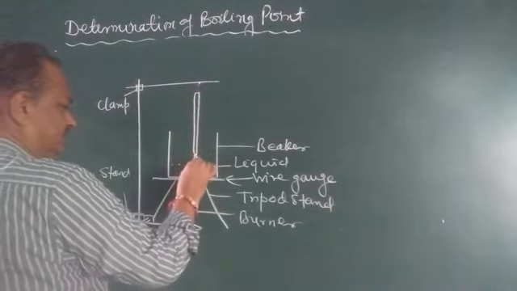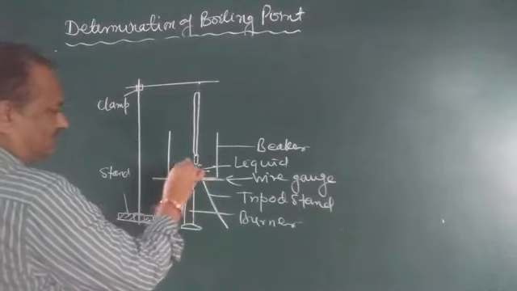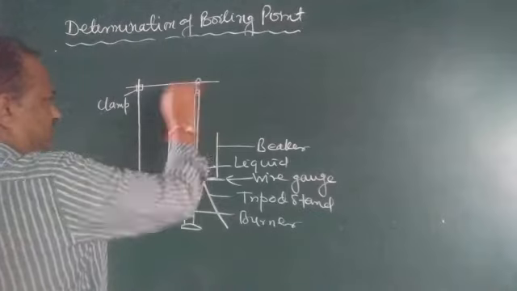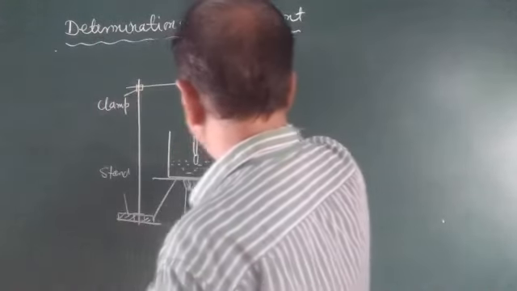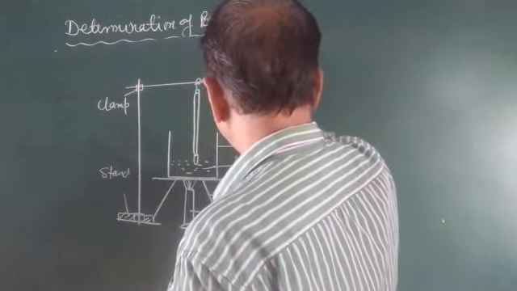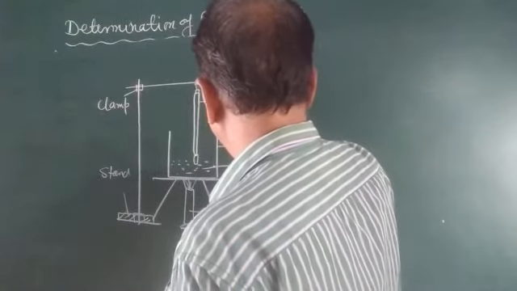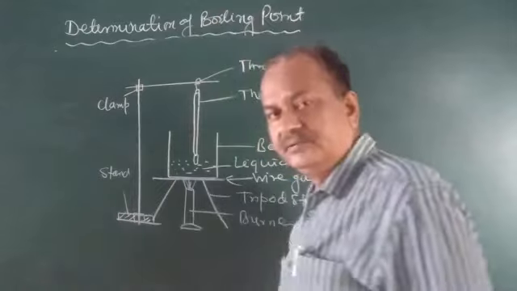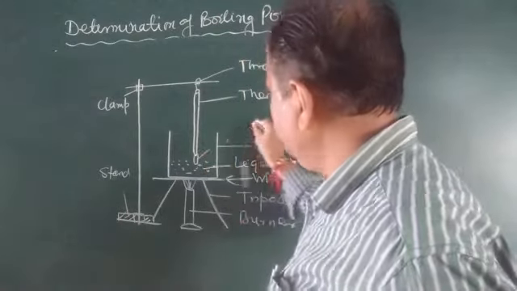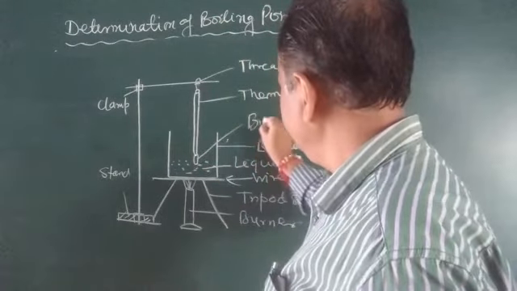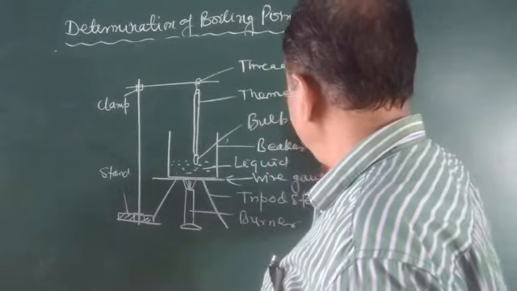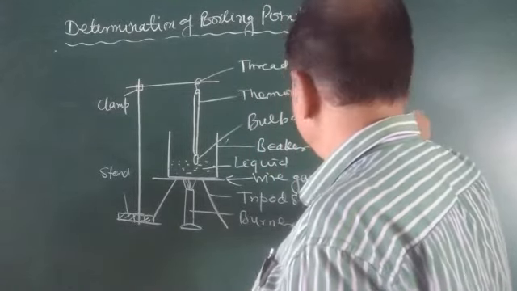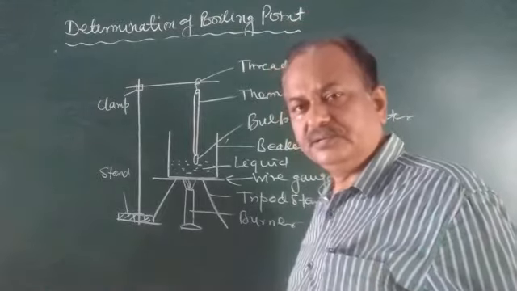This is the thermometer. This is the bulb of the thermometer. We tie it with a thread. This is the bulb of the thermometer. So this is the setup.